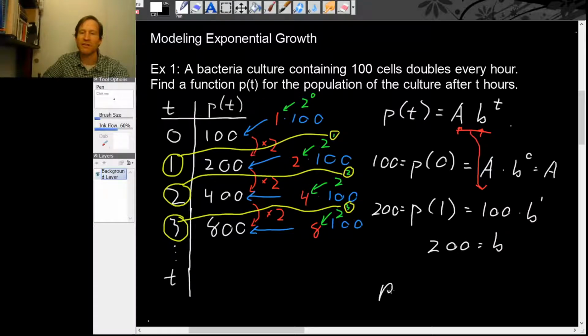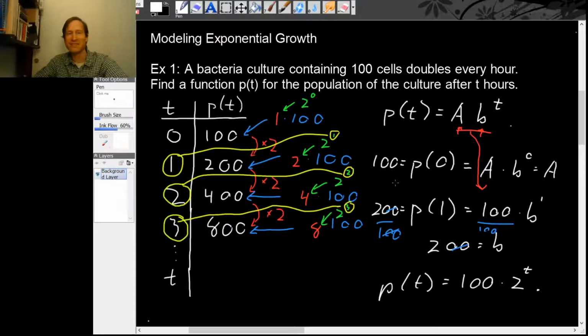Sorry, I made a horrible mistake here. b isn't 200. We need to divide both sides by 100 here. That cancels some of these zeros, and b is 2. That's more like it. So p of t is 100 times 2 to the t.